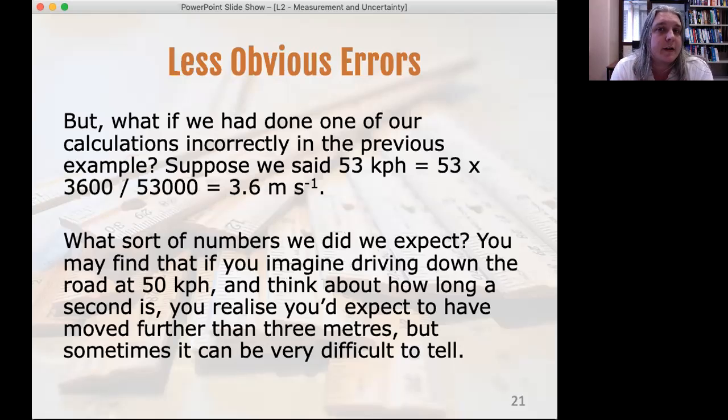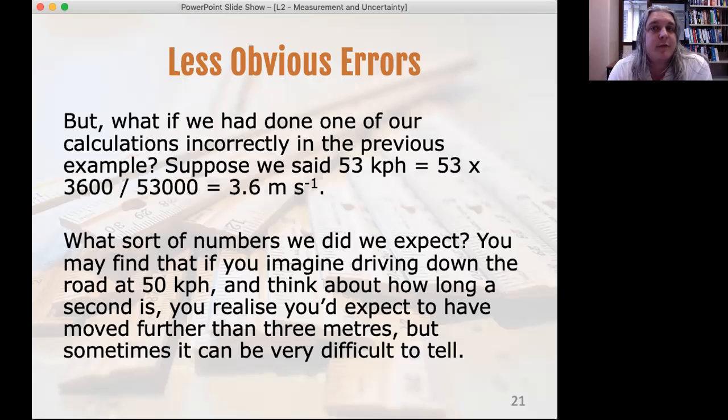And if we had done that incorrectly, if we'd done it the other way around, if we had divided by 1,000 and multiplied by 3,600, then we might have got, for example, 3.6 meters per second. Right? If we make some mistakes and we get 3.6 meters per second instead of 14.7, how do we know that's correct? It's very difficult to know what 3.6 meters per second feels like compared to 53 kilometers per hour.